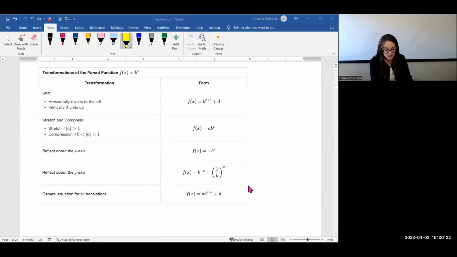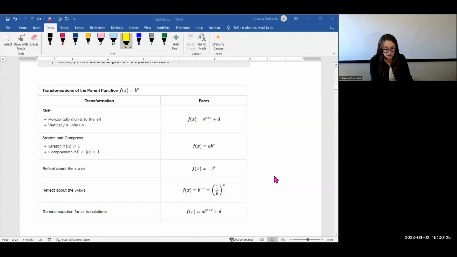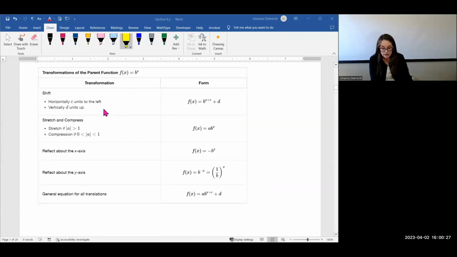Let's put all the information together into this table that you see right here. So again, to shift it horizontally to the left, we're going to have plus C. If we want to shift horizontally to the right, minus C. This is assuming C is positive. To shift up, plus D. Down, minus D, assuming D is positive. Stretching: if the magnitude of the initial value is greater than 1, then you get a stretch.